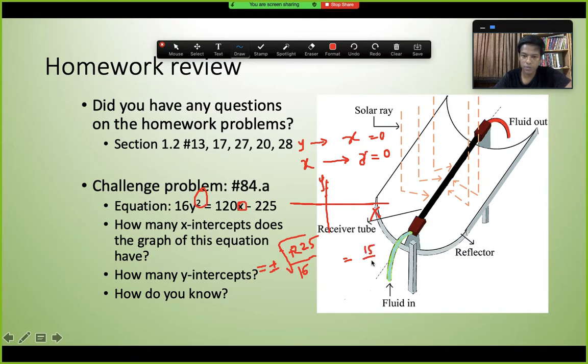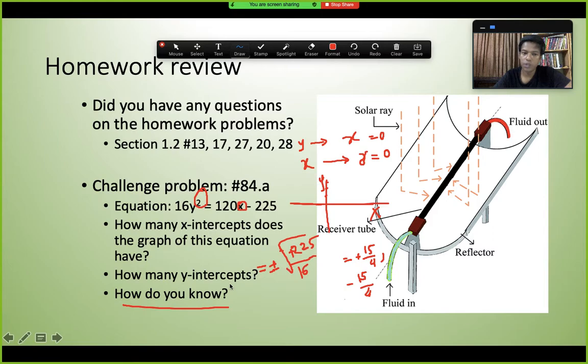So one answer is 15 divided by 4, and another one is minus 15 by 4. So two answers come if it is plus. For this particular math it is minus, so there will be no answer. But if it is plus in any other math, then there will be two answers.